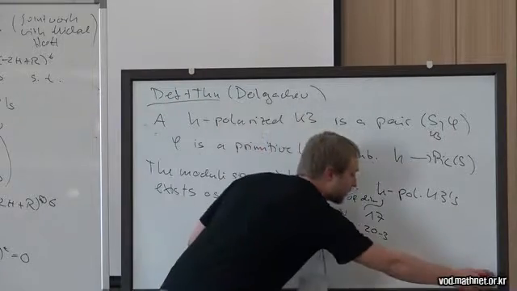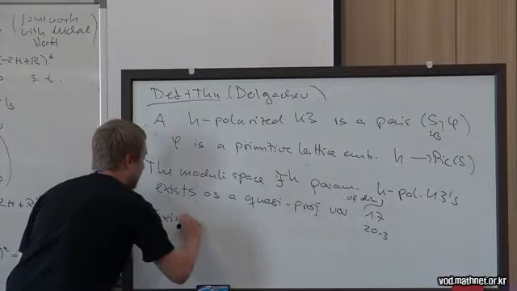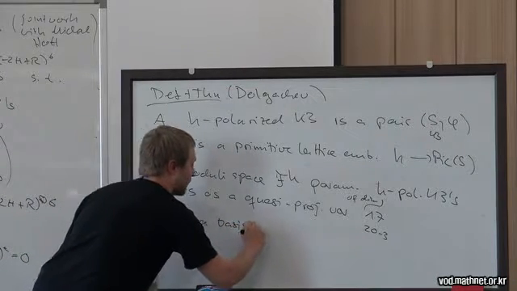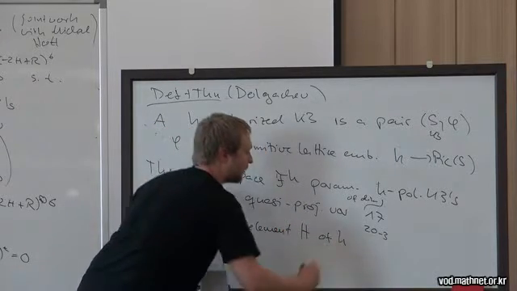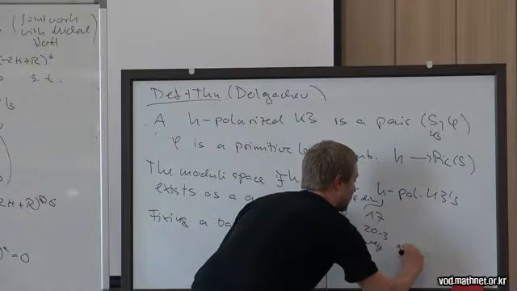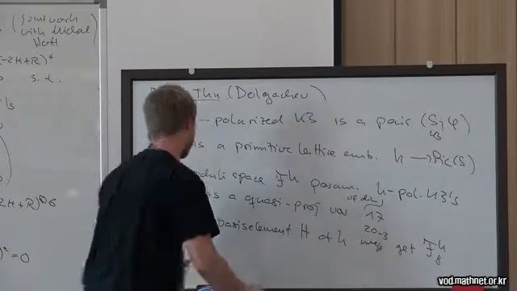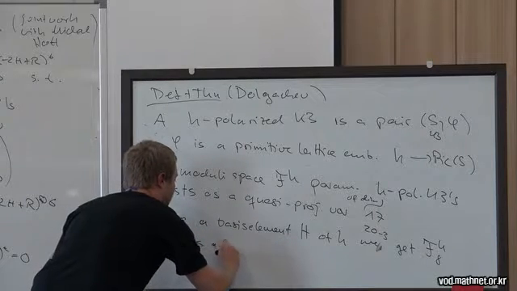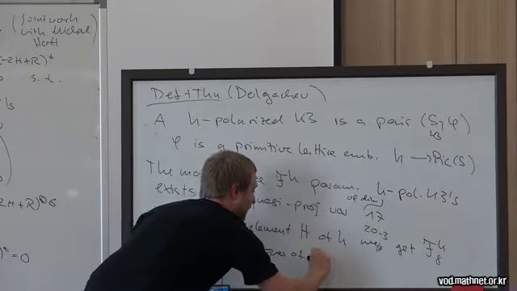Okay, we need a little bit more notation. So fixing a basis element big H of small h, we get a new moduli space F_H^h, which is a finite cover of F_H.